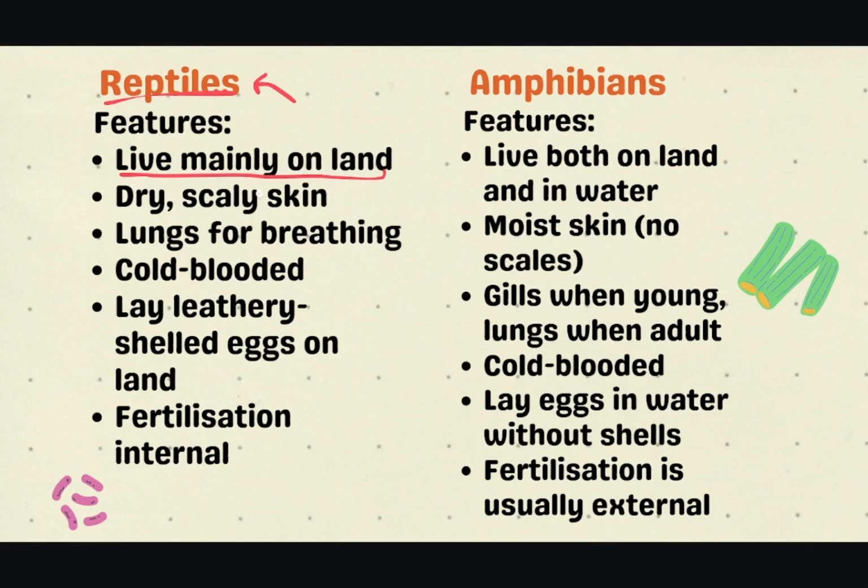They have very dry, very scaly skin. And just like birds and mammals, they also have lungs. And as I told you before, they're cold-blooded. But here, they also lay eggs, just like birds, but they lay leathery eggs, not hard-shelled eggs, and their fertilization is also internal.